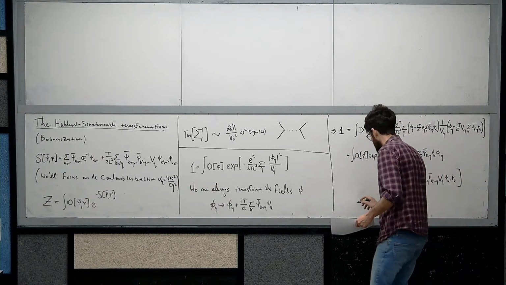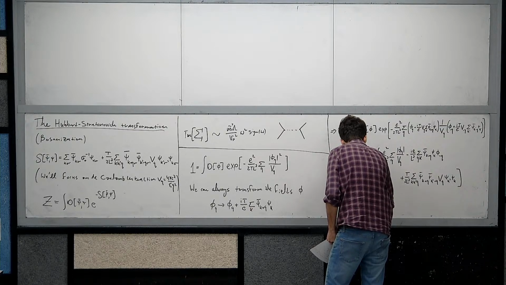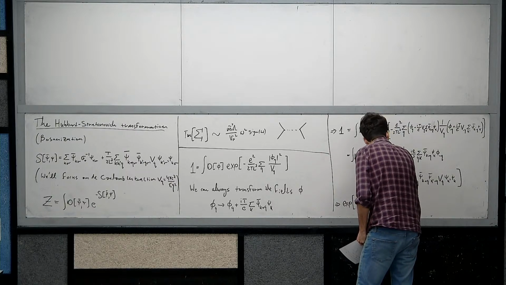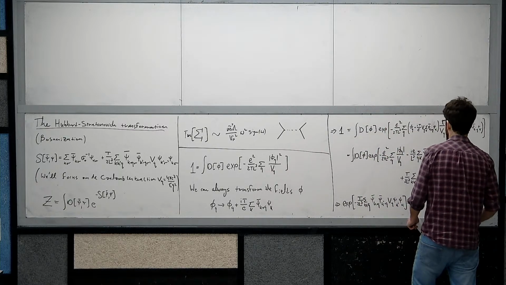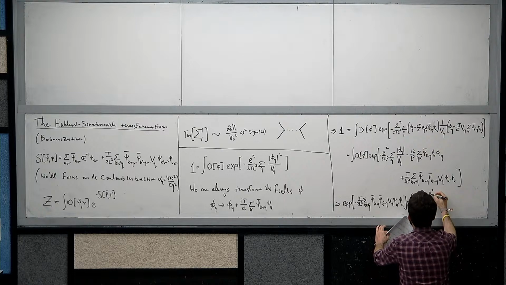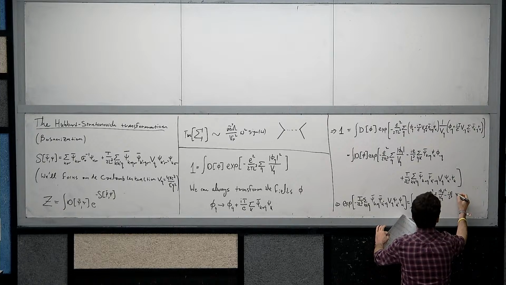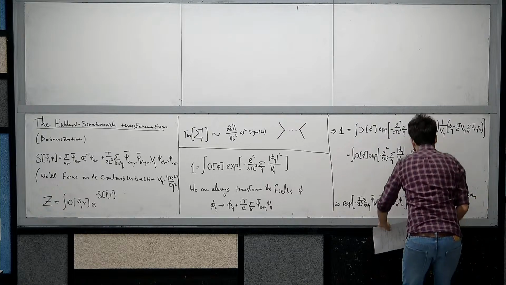So what did I learn from this? Well, I learned that exponent of minus t over 2l cubed sum over k, k prime, and q, psi bar k plus q, psi bar k prime minus q, V of q psi k prime psi k, this whole thing is equal to the field integral d phi over the exponent of minus e squared over 2tl cubed sum over q phi q squared over vq minus ie over l cubed sum over q and k psi bar k plus q psi k phi minus q, which is what we wanted to obtain.